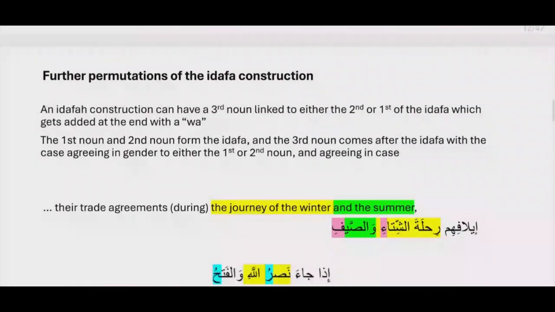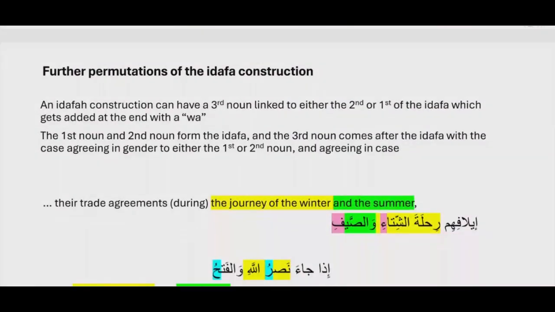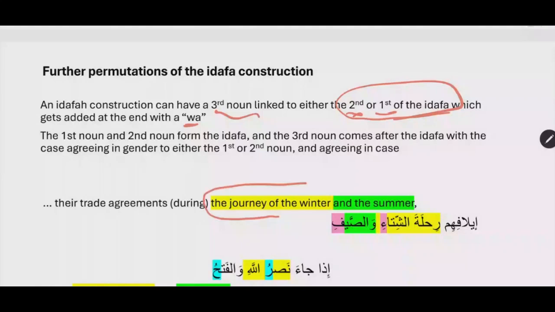For further permutations, you can have a third noun that's linked either to the second or the first of the idafa construction. Here again, you need to add a word before to connect those three. The first and second noun form the idafa construction. So this is the example in Surah Quraysh, the journey of the winter.